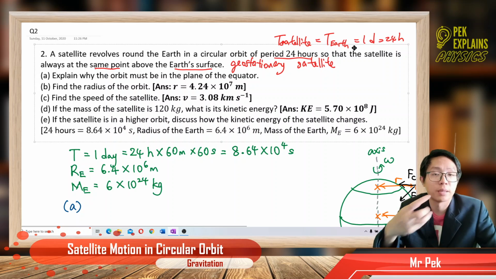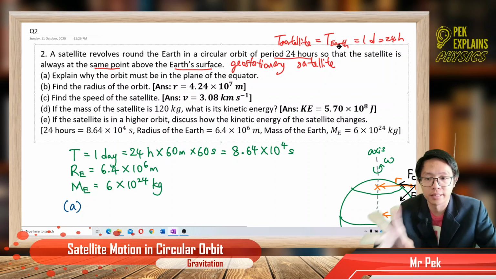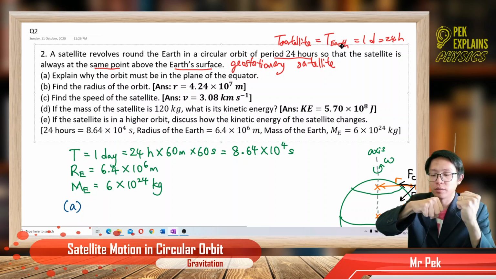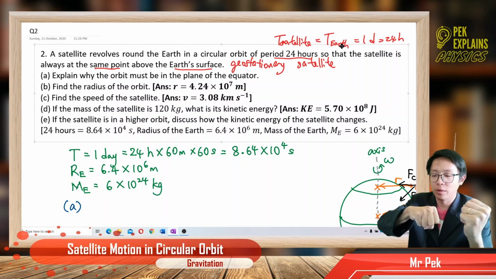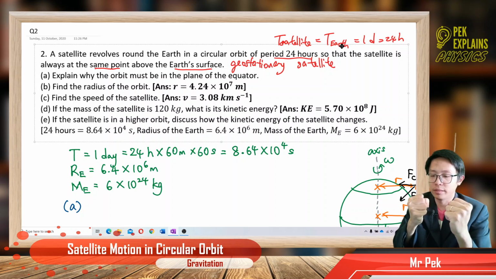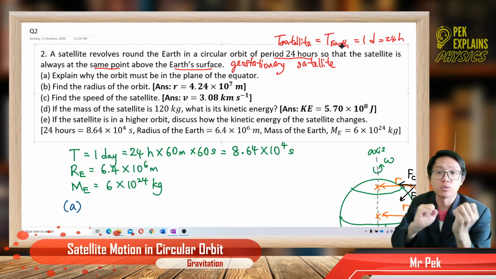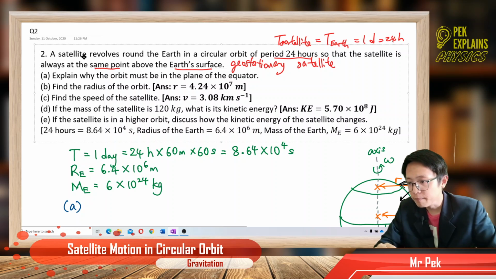Why? Because the satellite and Earth have the same period of 1 day. The Earth rotates in 1 day, so the satellite also finishes one rotation in 1 day, right?